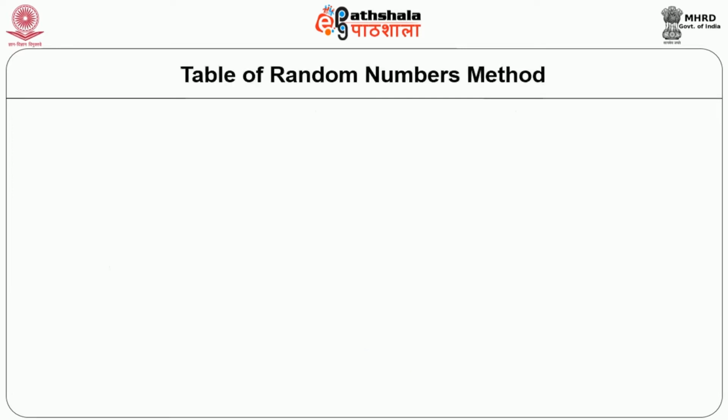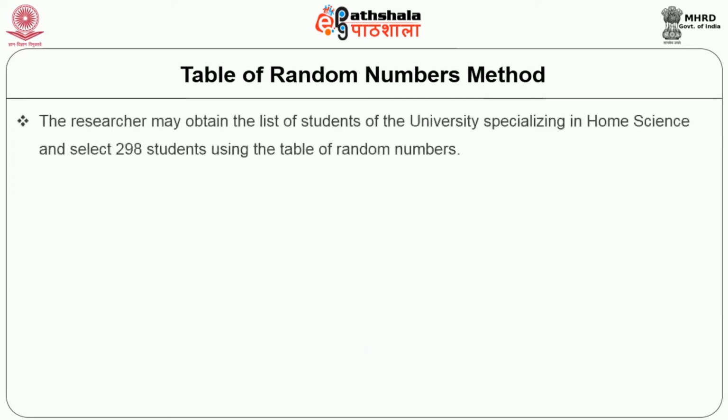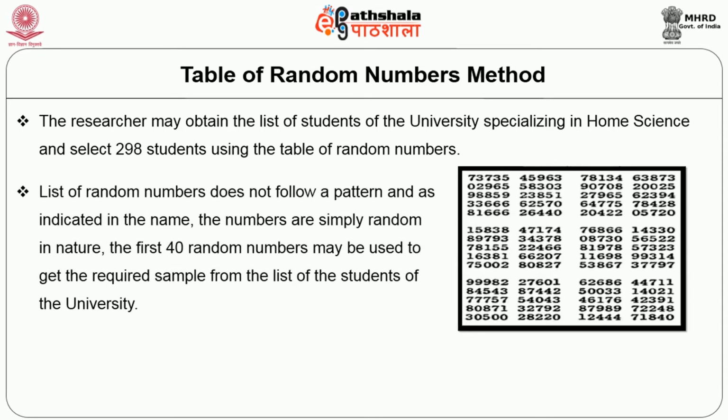In the table of random numbers method, the researcher may obtain the list of students of the university specializing in home science and select 298 students using the table of random numbers. A list of random numbers does not follow a pattern, and as indicated in the name, the numbers are simply random in nature.